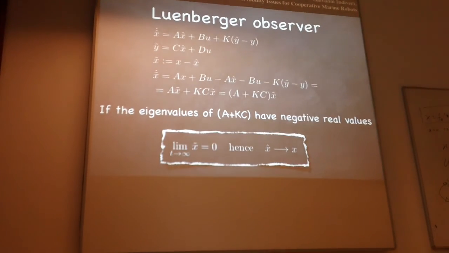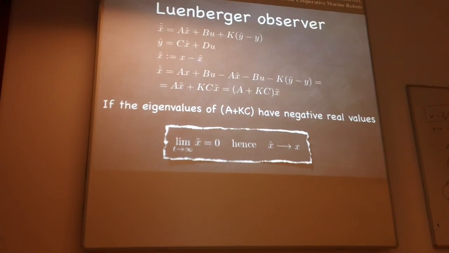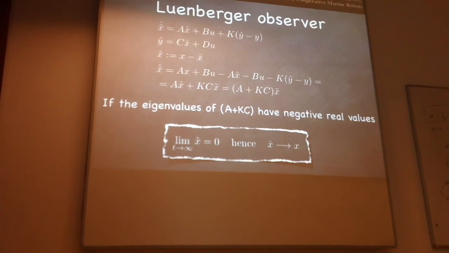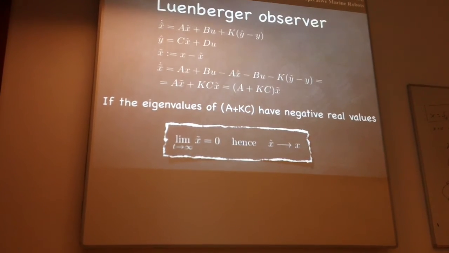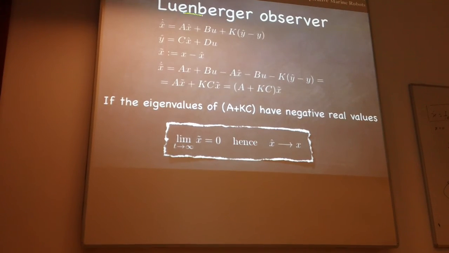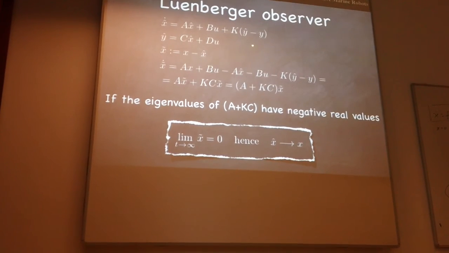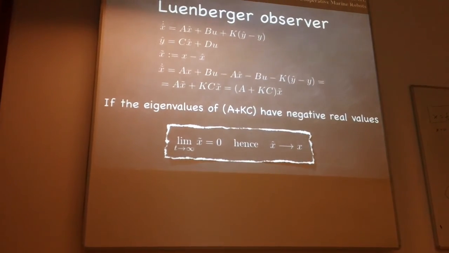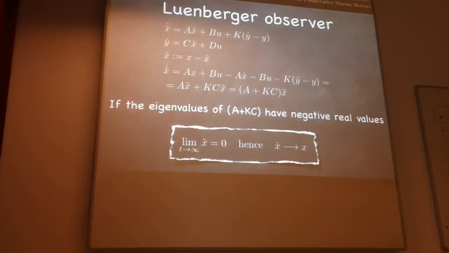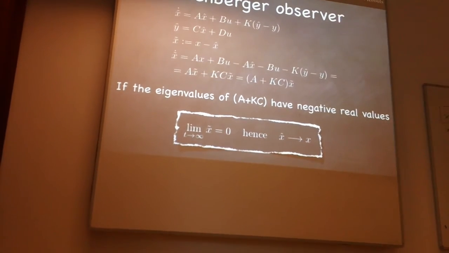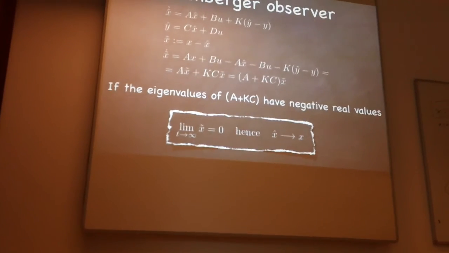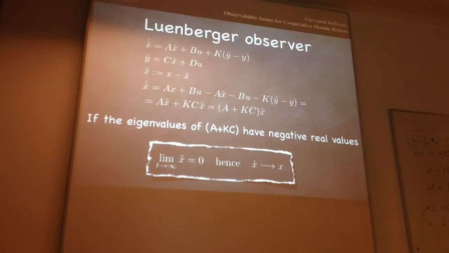Okay? If you go through the maths of this, then you recover the well-known Kalman filter. So the Kalman filter is nothing else than a Luenberger filter. It has exactly the same precise structure, but the K matrix is not chosen randomly. Luenberger just chooses it such that the eigenvalues of these things are stable, are in the left complex plane.